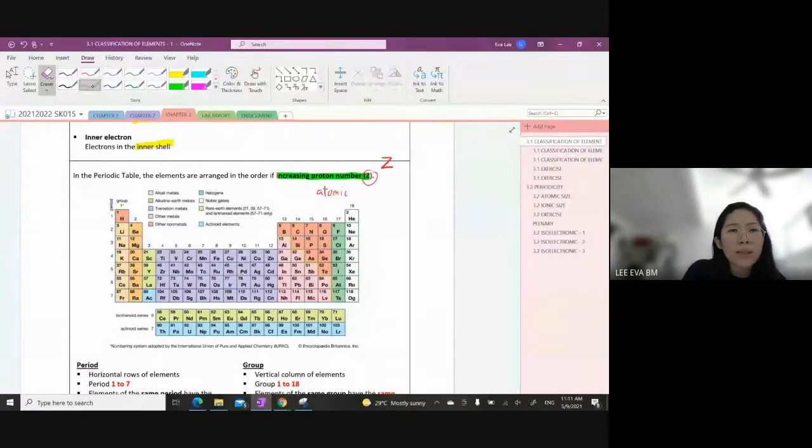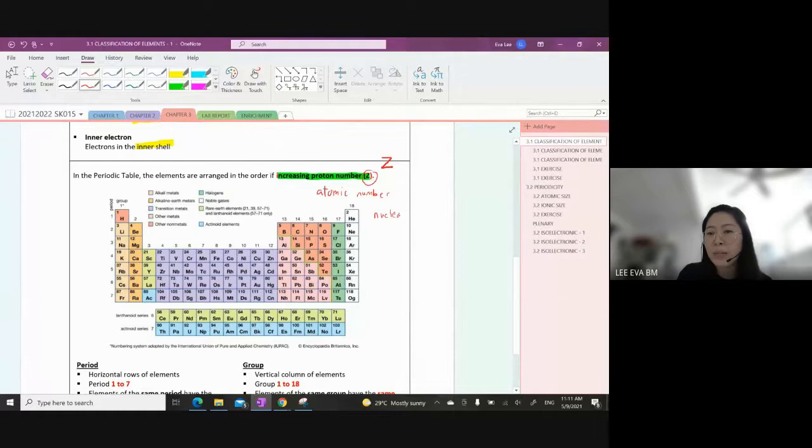Not atomic mass, it's atomic number. So proton number is also called the atomic number with the symbol Z. Sometimes it's also called the nuclear charge.